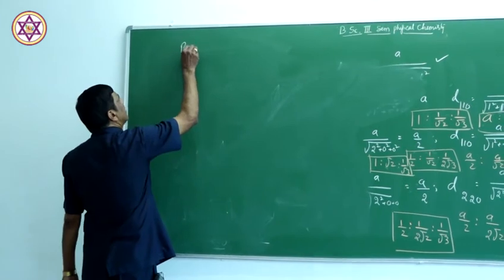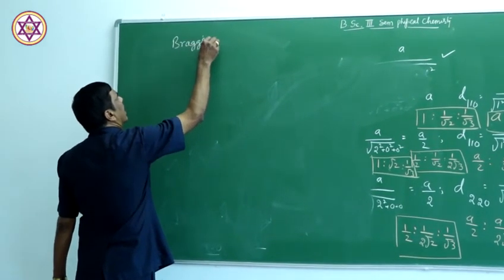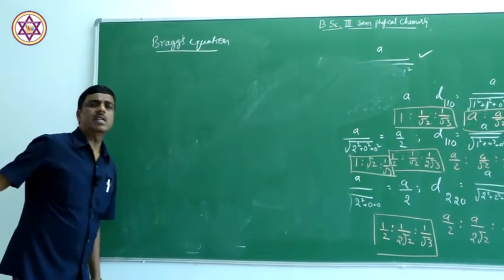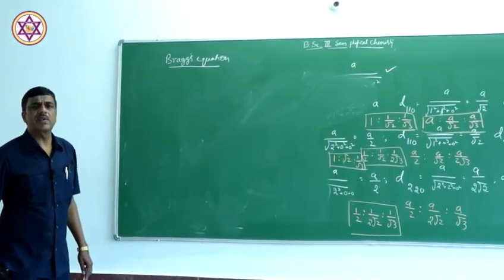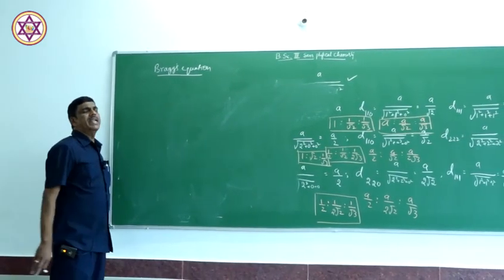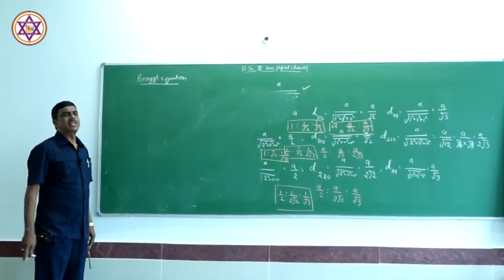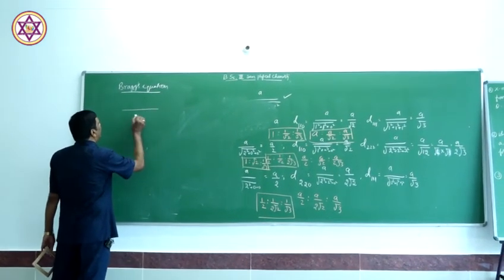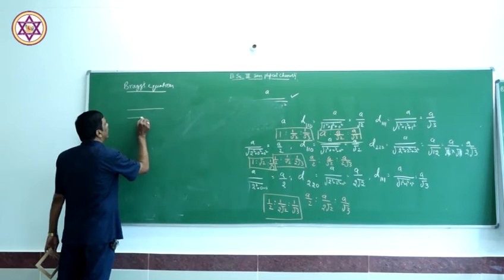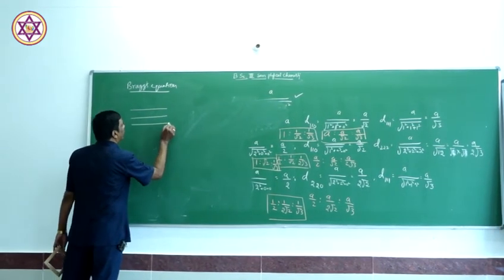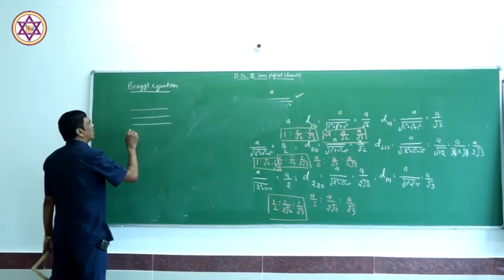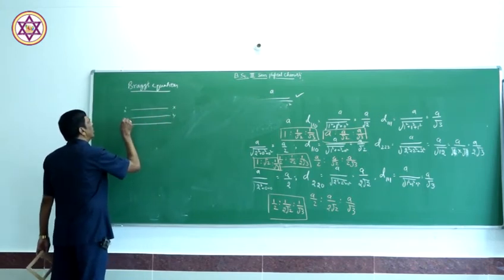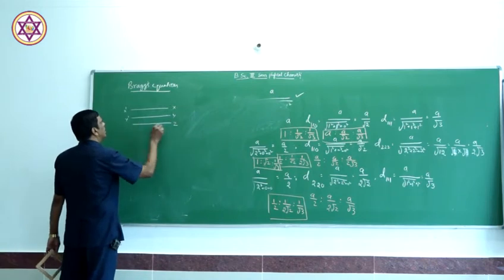So, let us derive Bragg's equation. In this derivation, a monochromatic X-ray is considered. Now, consider three different planes in a crystal: X, Y, Z. One is the X plane, another is the Y plane, and another is the Z plane.